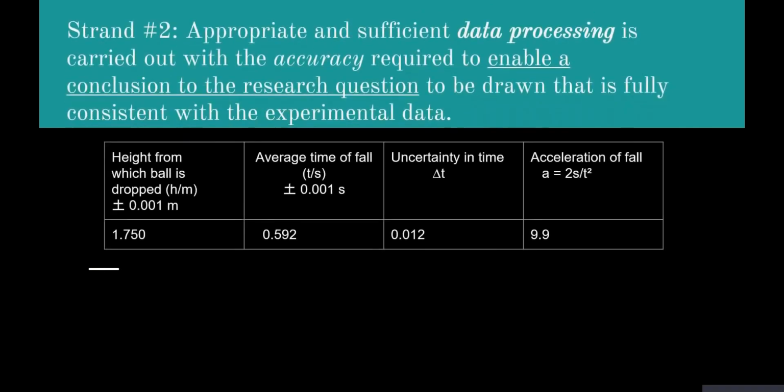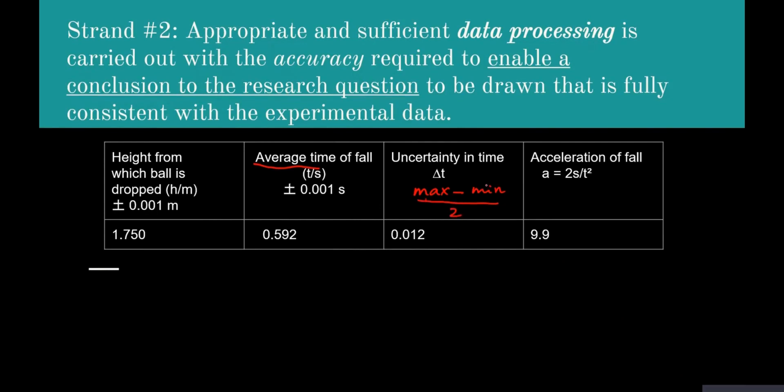I'm giving an example of a processed data table. Of course, the first column remains the same. We are not doing anything here. The second column is the processed data, which is the average time. The third column is the uncertainty in time, which can be calculated using the equation (maximum time minus minimum time) divided by 2.